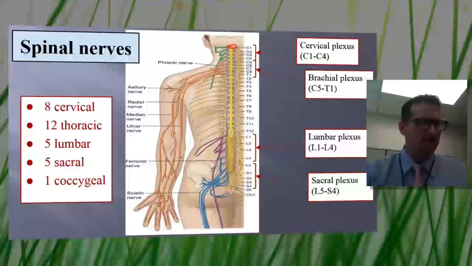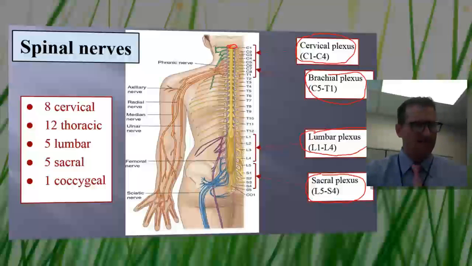Outside the spinal column, each spinal nerve forms branches. Some of these branches form nerve networks called plexi, or singular, plexus. The four major plexi are the cervical plexus here, the brachial plexus, the lumbar plexus, and the sacral plexus.